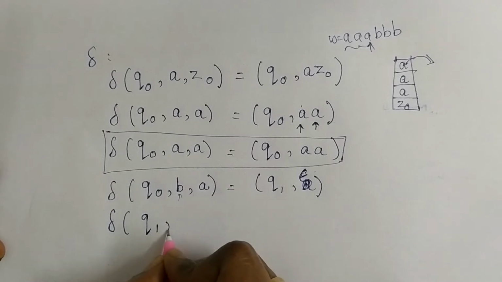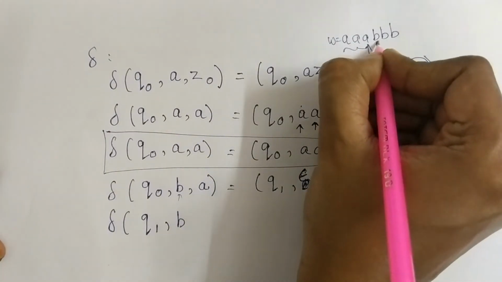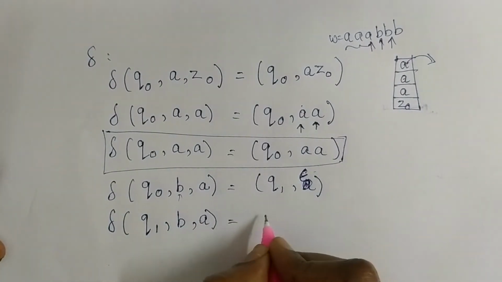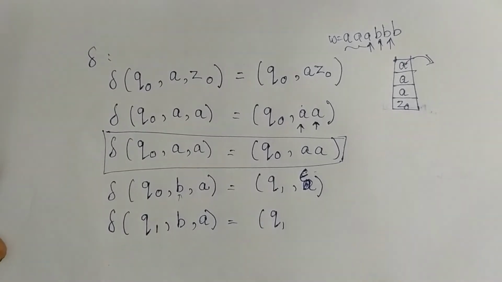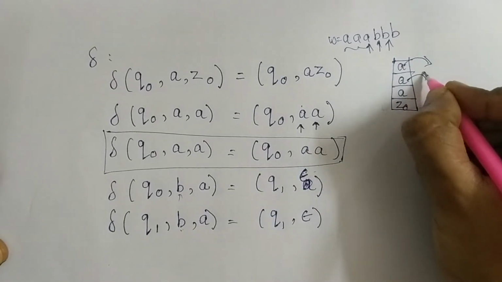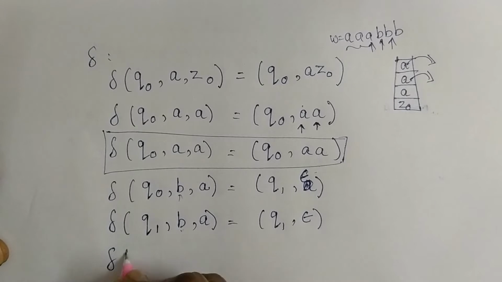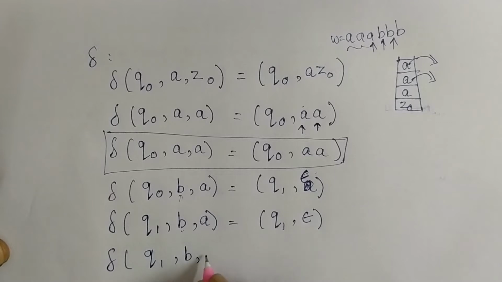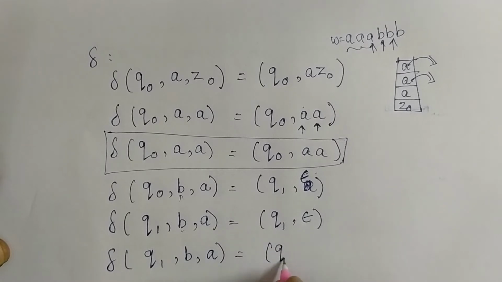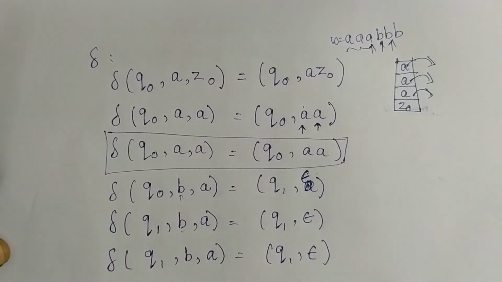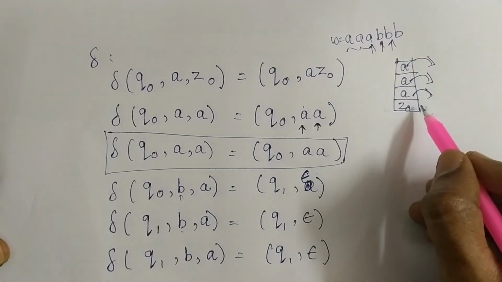It is in state Q1 and the symbol to read is B, and again A is on the top of the stack, so it is popped out while reading the symbol B. Then delta of Q1 comma B, the symbol to read is B, and A is on the top of the stack, and at that time we pop it out. So all three A's are popped out and we have Z0 on the top of the stack.